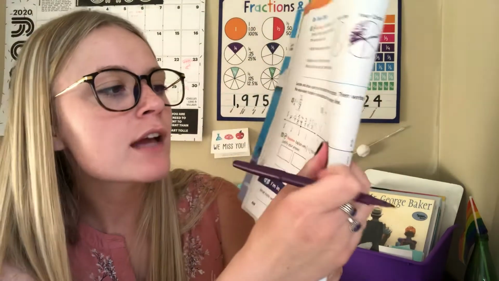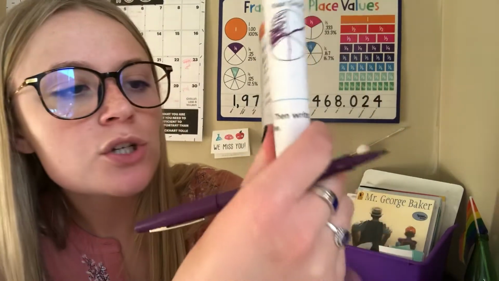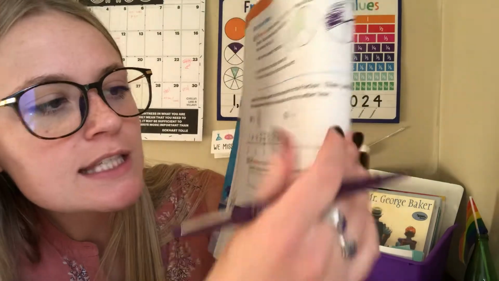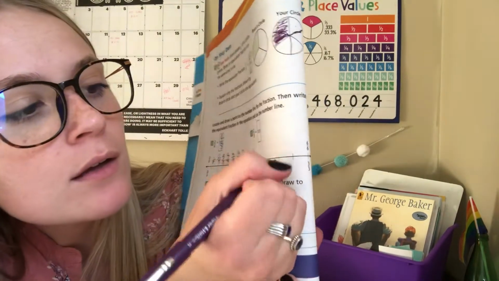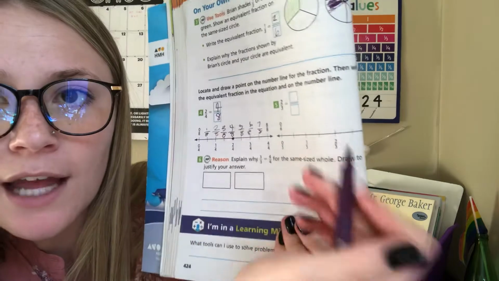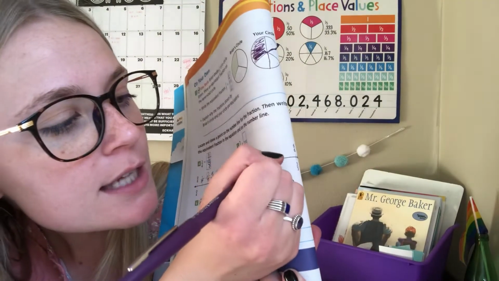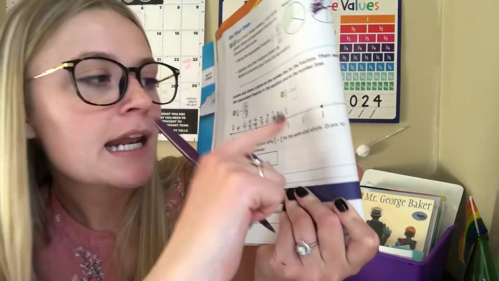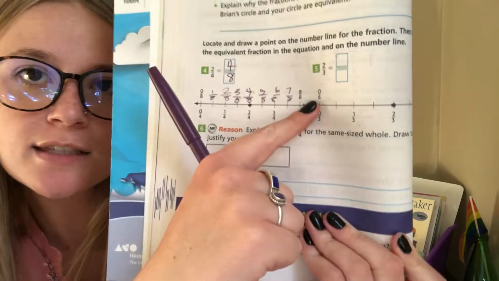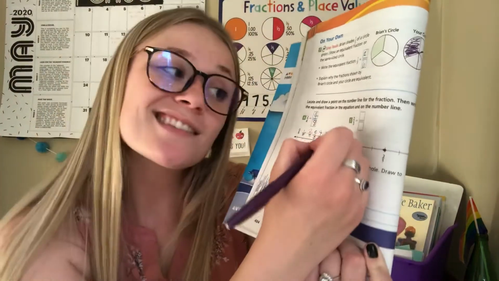Number 5, 2/3 is equal to, so I'm gonna do the same thing where I find 2/3 on my number line. There it is. Put a dot. And then I'm gonna count by 6 on the top. And I know I'm gonna count by 6 because that's what it says.